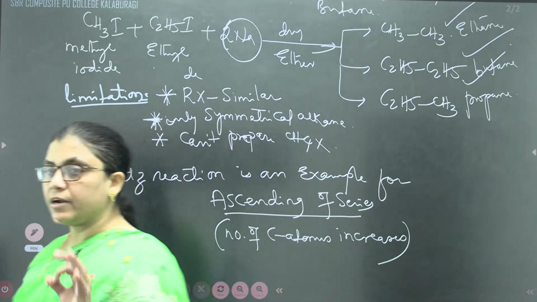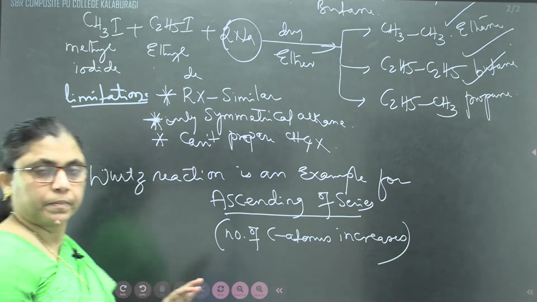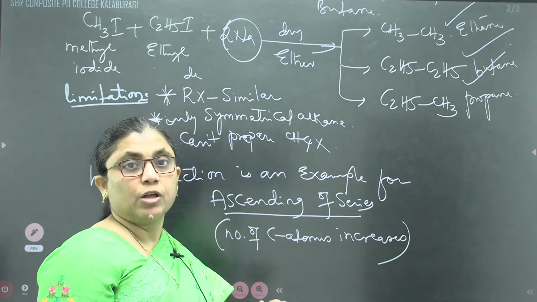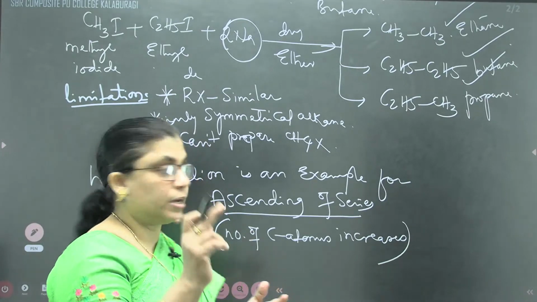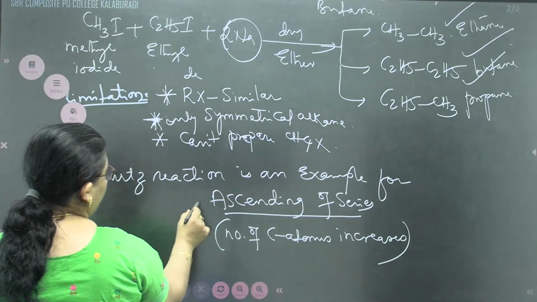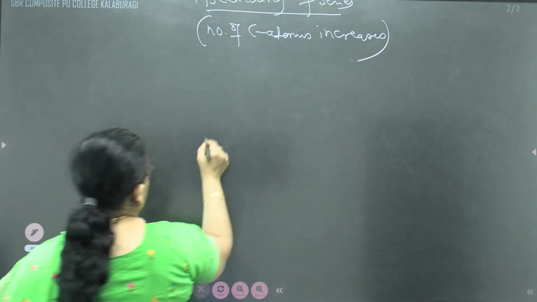In alkyl halide, one more point you need to remember: we are not going to use alkyl fluoride anywhere, because alkyl fluoride is not possible to be prepared. So one another way we can remember, alkyl halide can be converted into hydrocarbon. How can we write the flow chart here?